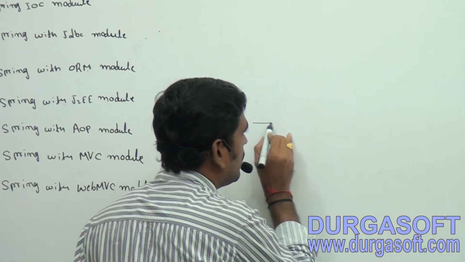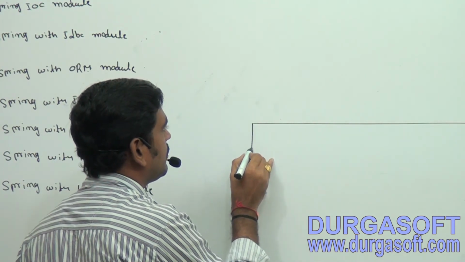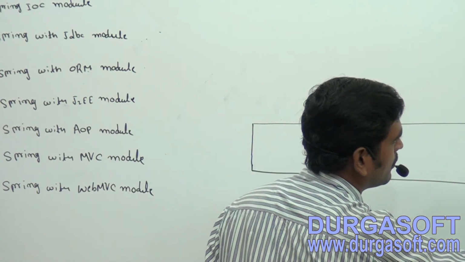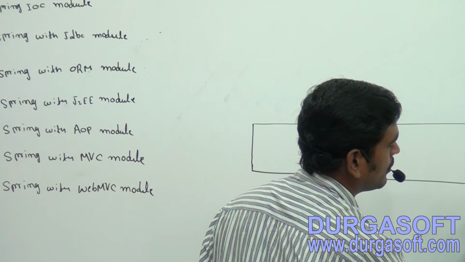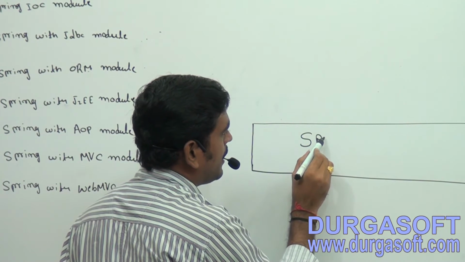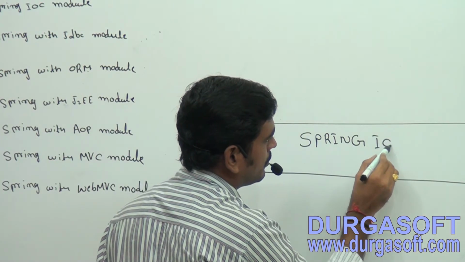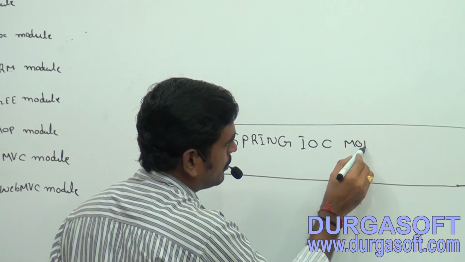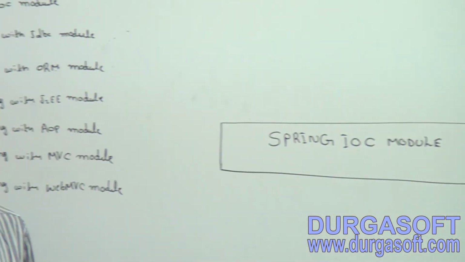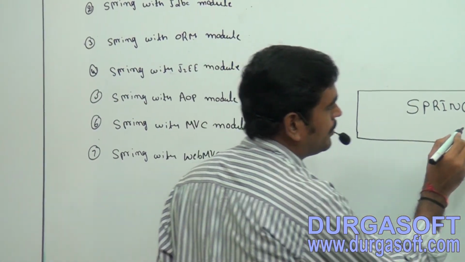Now we'll see a small diagram. Spring IOC module. This is also called the core module.